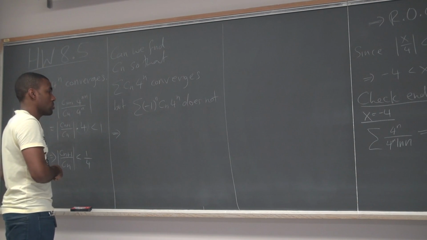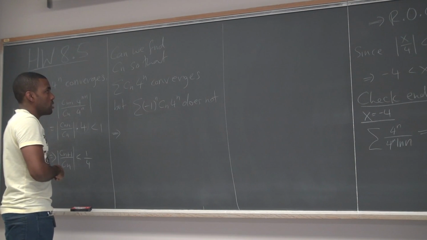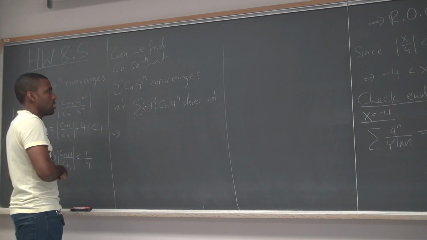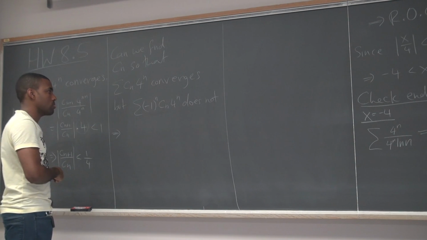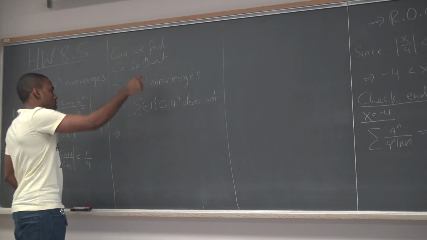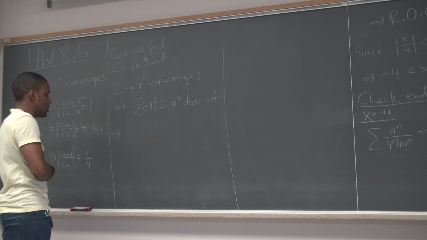Can you do a test for divergence? We could do tests for divergence. I don't really see how that would help here, because we know that this limit goes to 0, which doesn't really tell me much about the Cn.